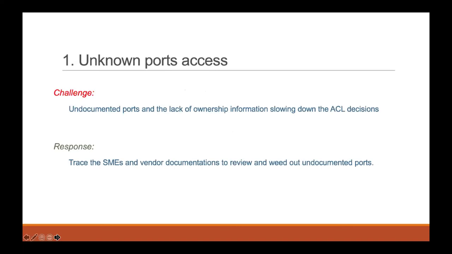And as there is a lack of ownership on them, our rollout has been slowed down. So what we did in this situation was to trace out the SMEs and vendor documentation for each of the unknown port accesses, and then ask them to weed out undocumented ports or raise the necessary ACLs.